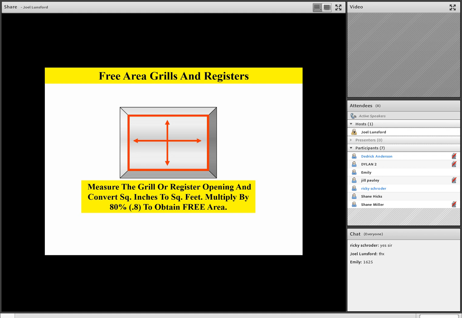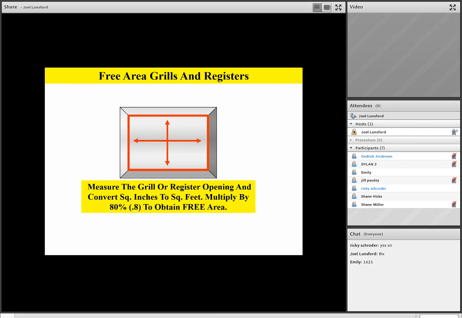We then divide by 144 to get square feet, and then we multiply that number times 0.8 to get 80% to obtain the free area. This is important because a register or a grill sitting in front of a duct opening is going to restrict about 20% of the amount of air that's moving through it.